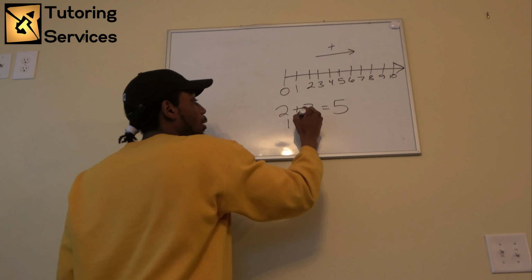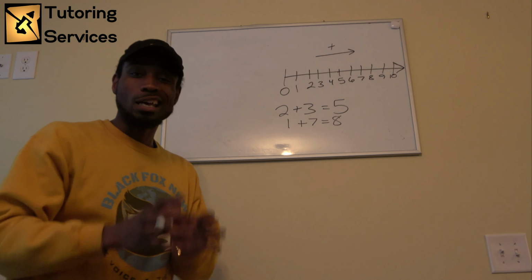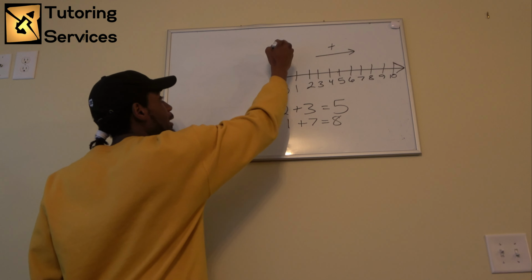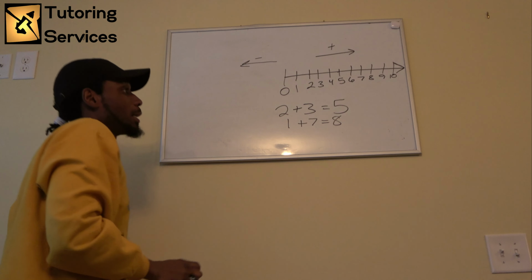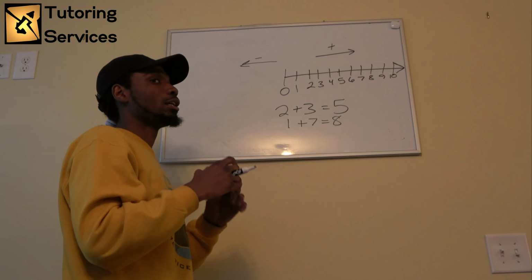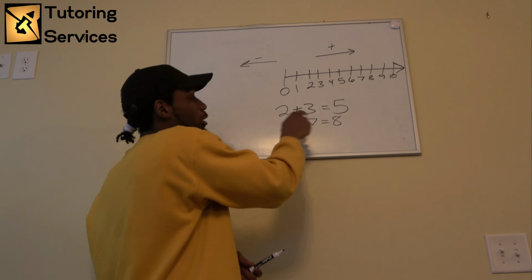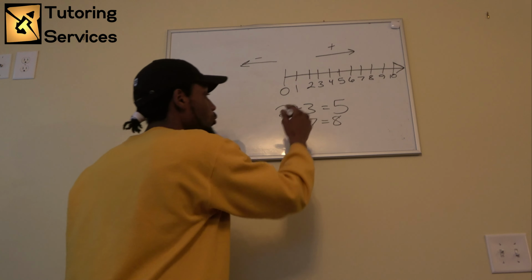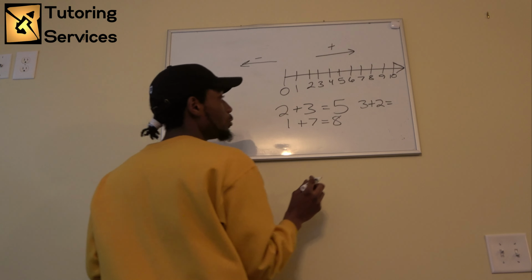So we can do that with addition, but now subtraction is different. And you heard me say that it's kind of the inverse. With subtraction, we're going in the opposite direction. Now let me say that addition is considered a commutative property, meaning that no matter what order you combine these numbers in, you're going to get the same amount. So 2 plus 3 equals 5, 3 plus 2 equals, well, let's try it out.